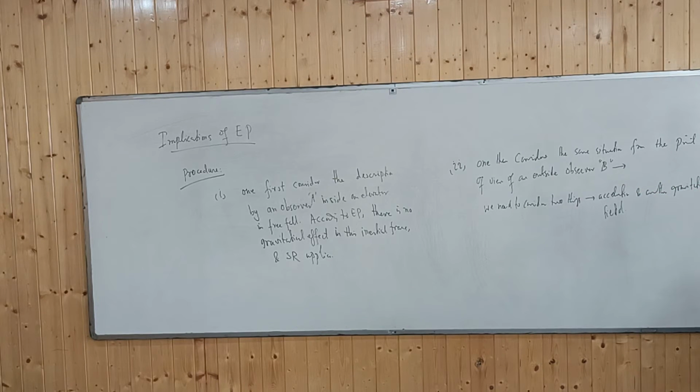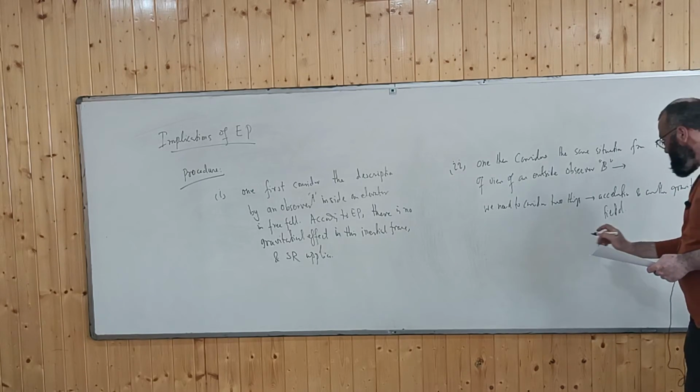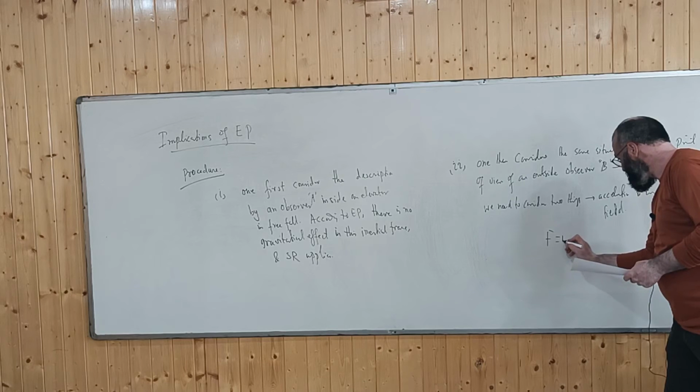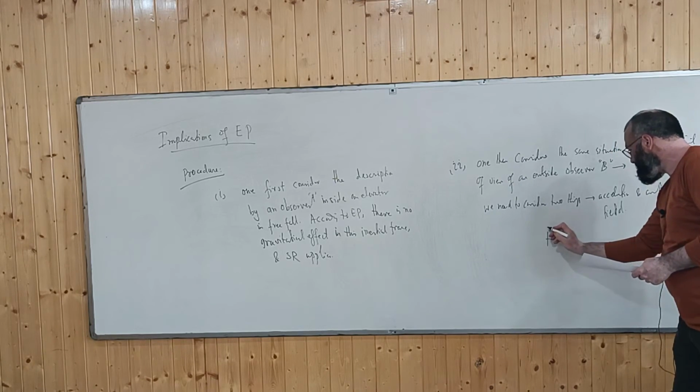And when he calculates the force of gravity on that observer who is under free fall, he will use Newton's equation. Clear? We are using only non-relativistic phenomena for the time. So he will be using F is equal to mg. Okay?